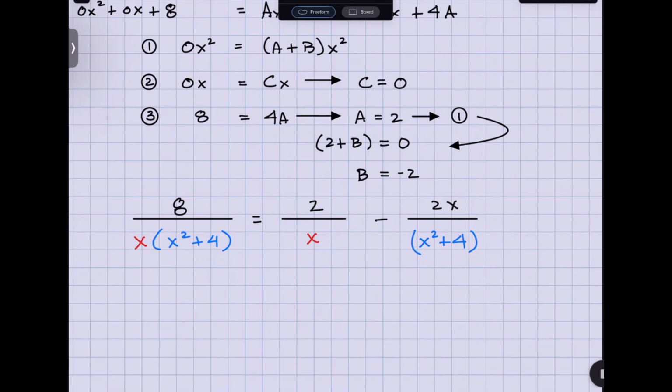Does that make sense? Or should I do it this way? Here.